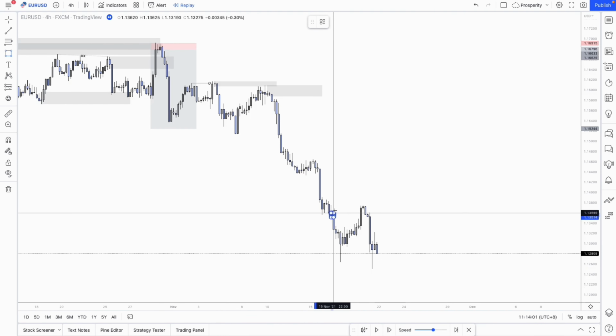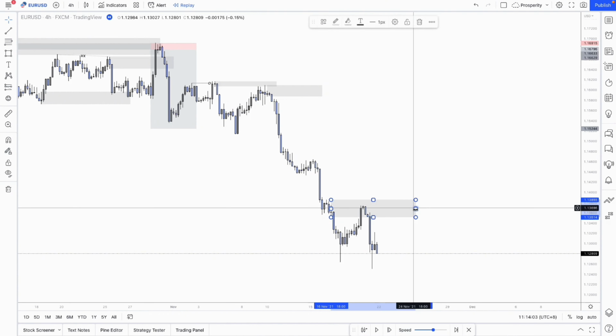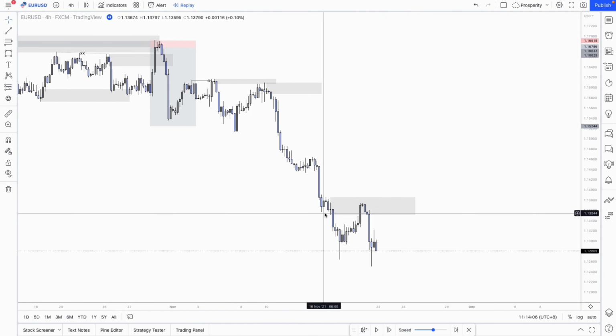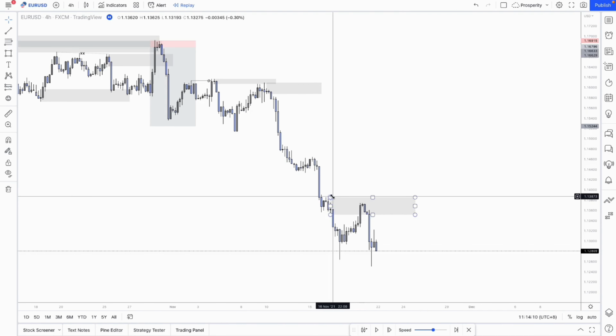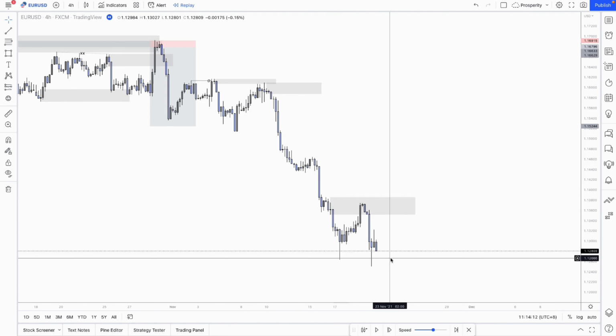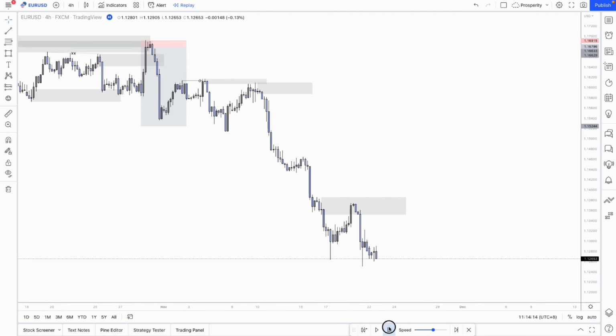Not just staying within the zone, but even still, that is my range, because this level here is the buy to sell, right? This buy to sell didn't take out any level of liquidity.